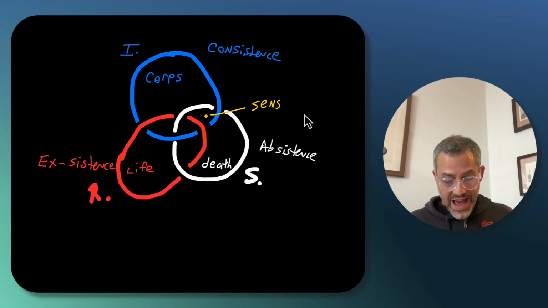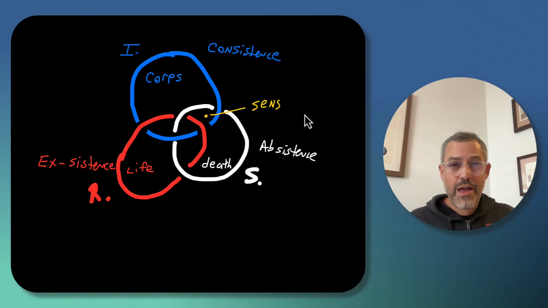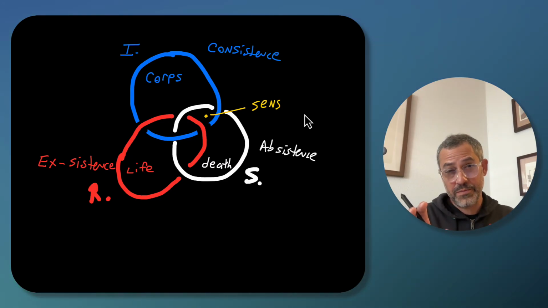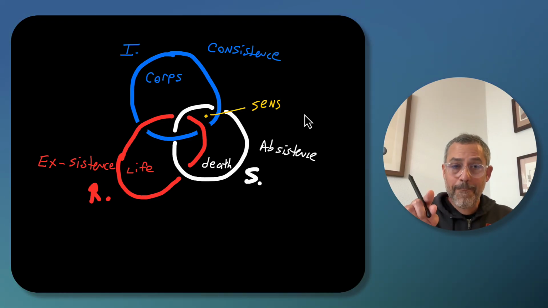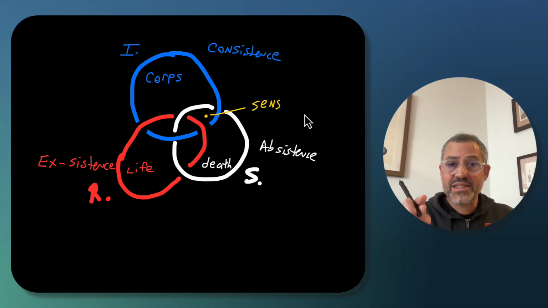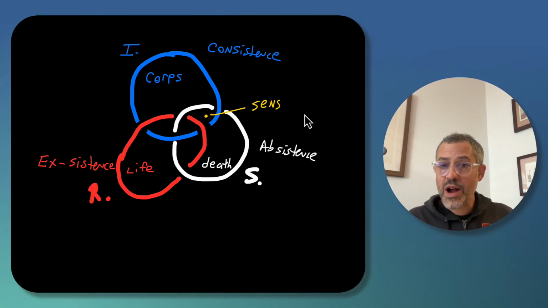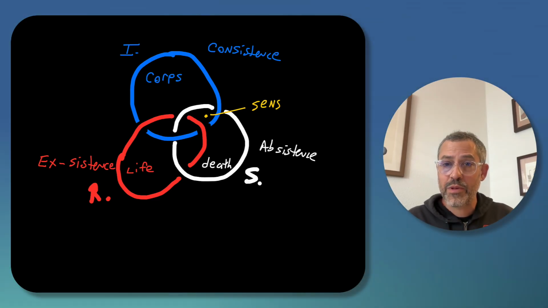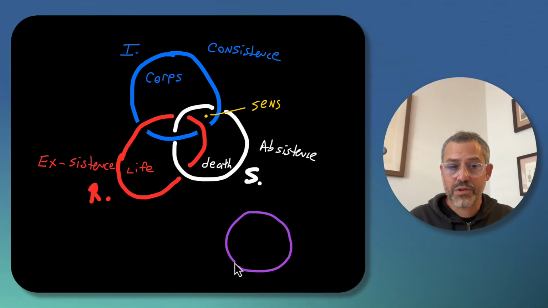Here is the exterior domain beyond any given circle. If absistence names the hole in any given circle, consistence names the circle image, and existence names what is beyond that circle. So were I to draw it on your screen, just to add a fourth ring, there's never anything wrong with adding a fourth ring, is there? I'm not going to connect them. I'm going to draw it down here, again, just as a simple circle.